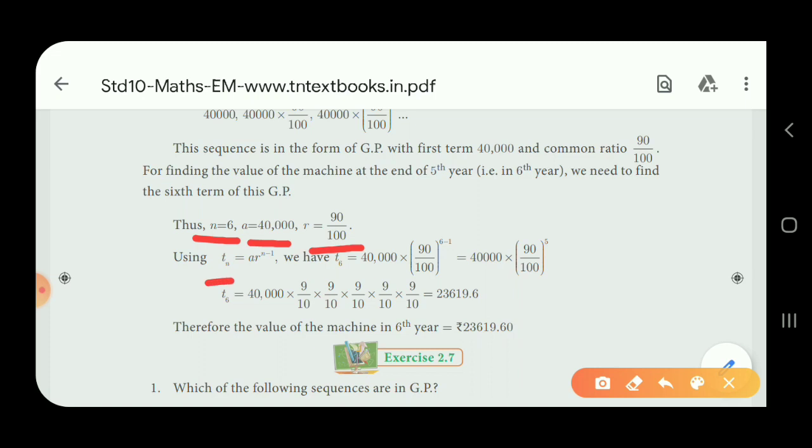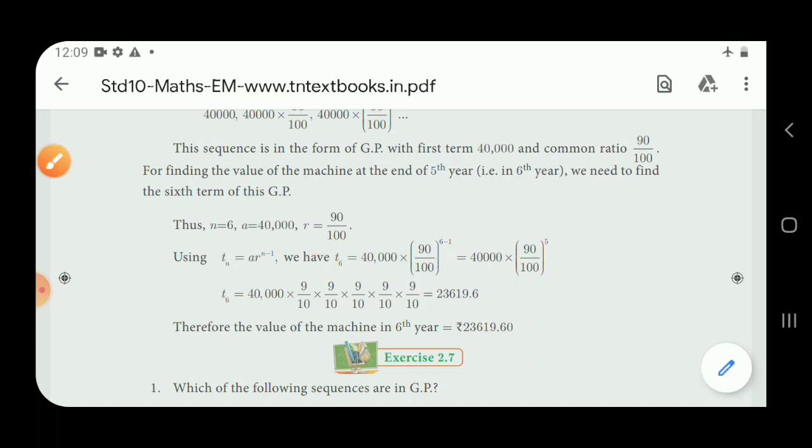Use the formula Tn = a rⁿ⁻¹. With n = 6, a = 40,000 and r = 90/100, n − 1 is 5. So 40,000 into (90/100)⁵, that is 40,000 into 9/10 multiplied 5 times.